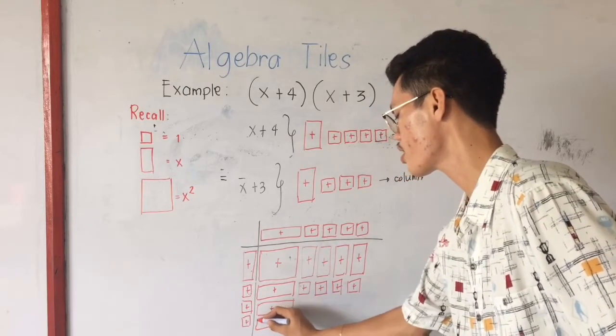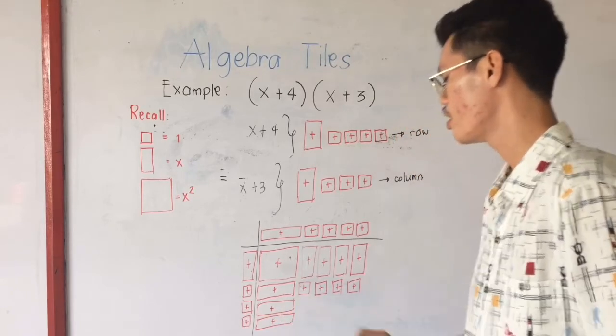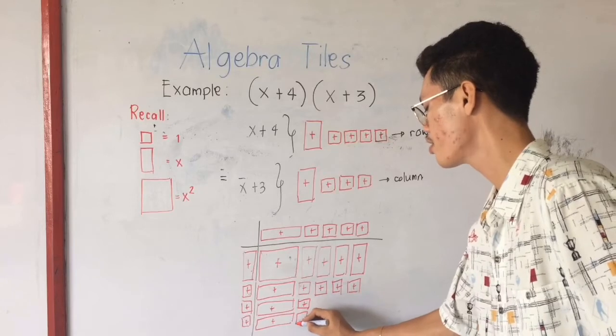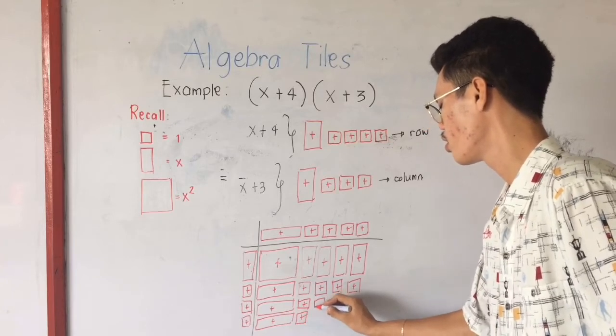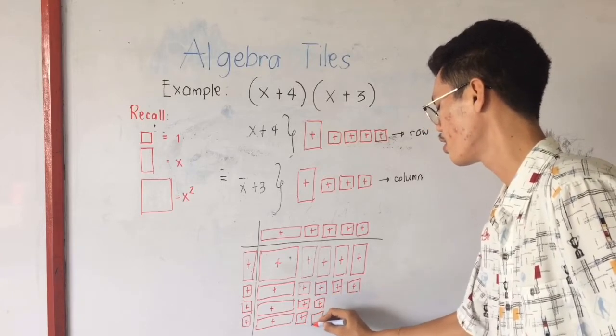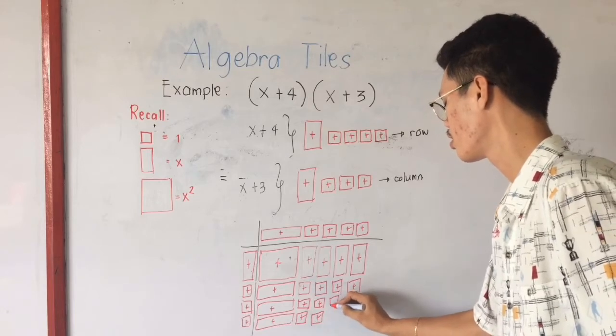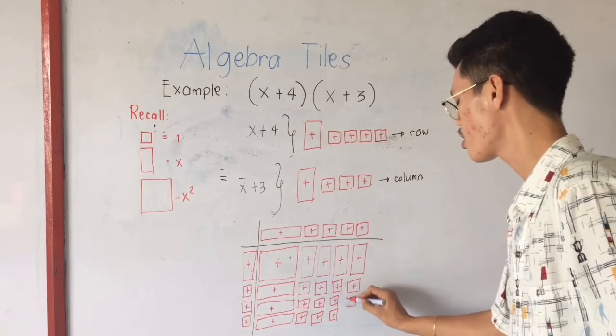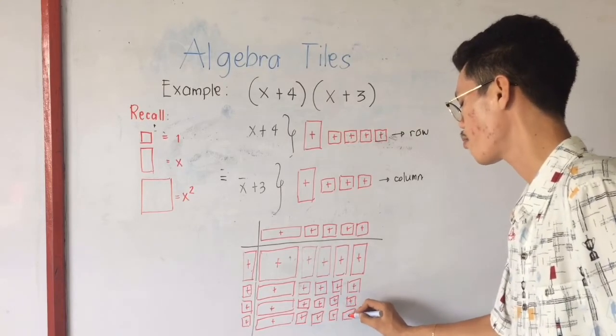The third is also a rectangle. So we have small square, small square, small square, small square, and a small square.